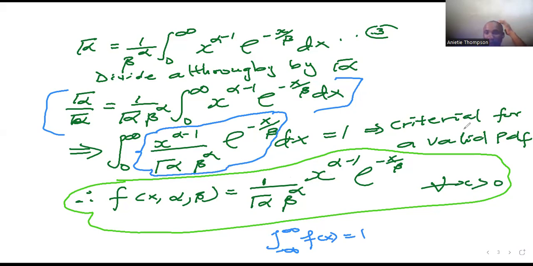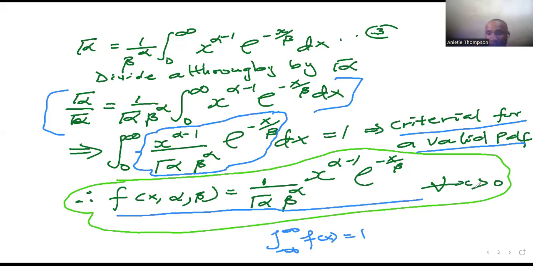Okay. So I said that that is a criterion for a valid PDF. For a PDF to be a valid one, if you integrate it over the limit of its domain, it must be equal to 1. So this equals 1, so this must be the valid PDF with 2 parameters, alpha and beta. That is exactly what I've written down here.